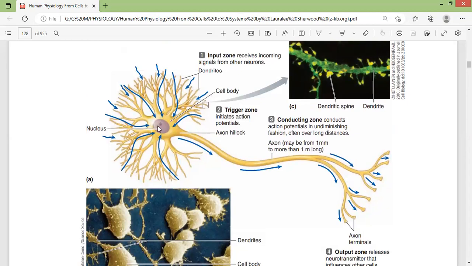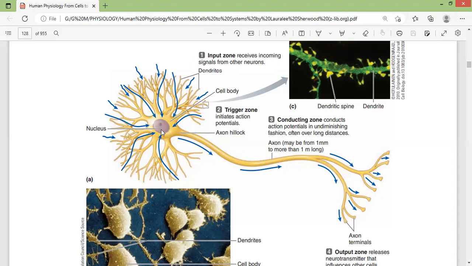So the structure of a neuron: the nucleus and the cell body. The nucleus here it is, and the cell body here. And then the axon. In the axon, there is no machinery for synthesizing neurotransmitters or anything like that. Neurotransmitters will be synthesized here in the cell body.